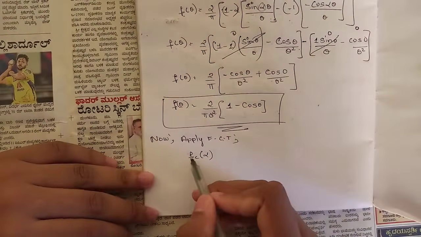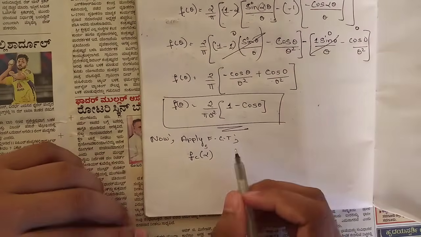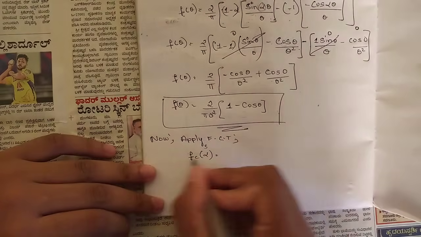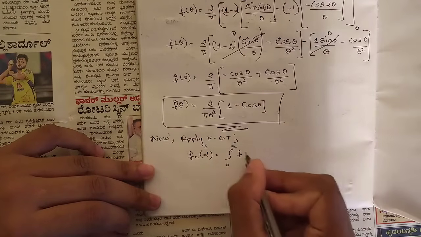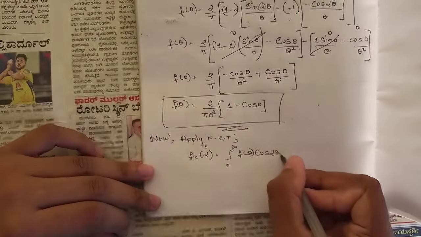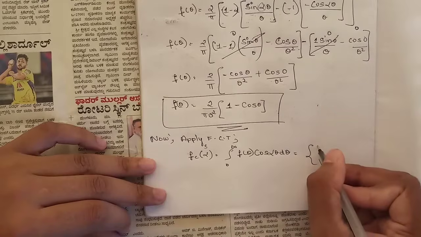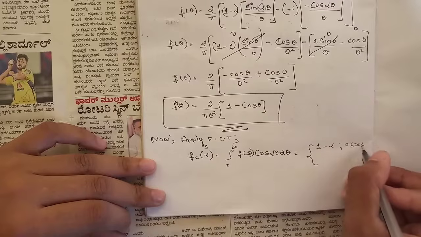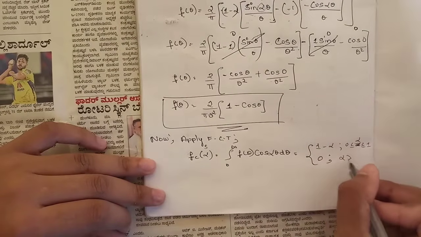That is fc of alpha. Generally we would be having fc of s, but we know that here the parameter s is equal to alpha, so it is fc of alpha is equal to the integral from 0 to infinity of f of theta cos alpha theta d theta. The question itself we are going to write again, it is 1 minus alpha when alpha is less than 1, and 0 when alpha is greater than 1.